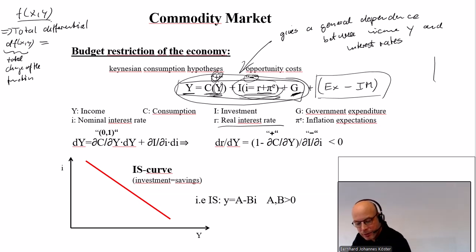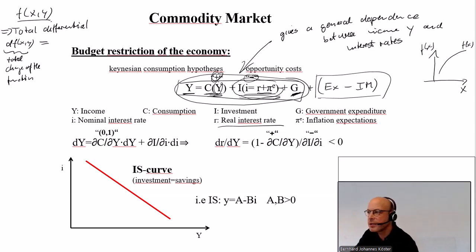Well, you know, if you have the one-dimensional case and a function f of x which looks like this, what is then the derivative? The derivative is just the slope of the tangent of the function in such point.